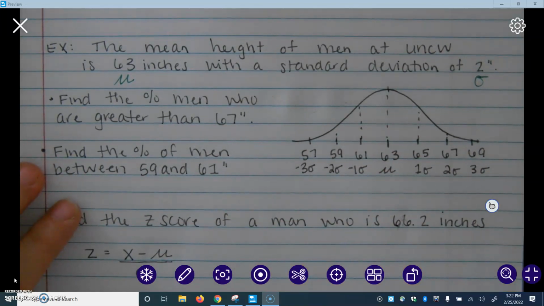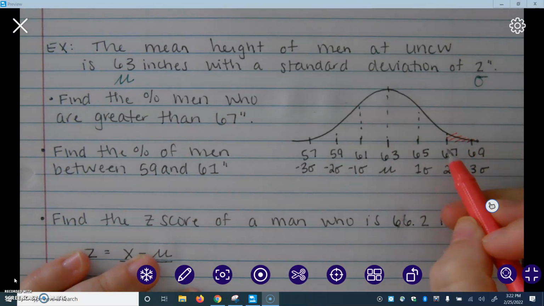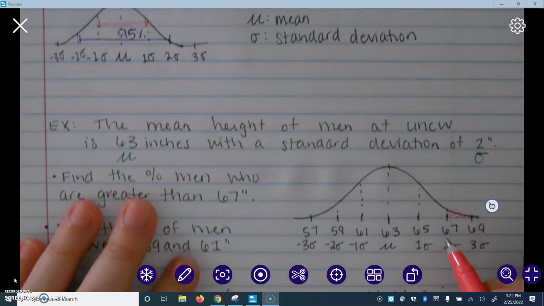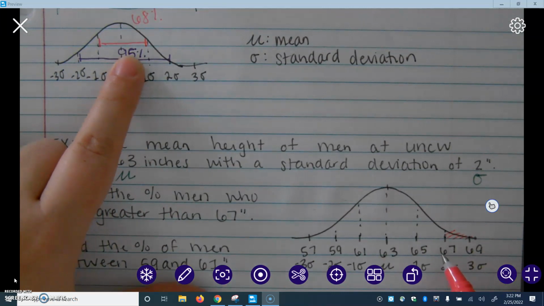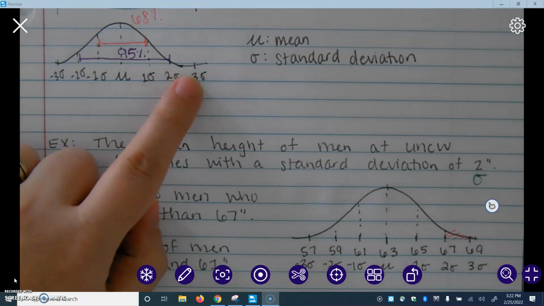All right, find the percent of men who are greater than 67 inches. Well, 67 is one of my standard deviations. So I can use the empirical rule to figure out what this little bit left over would be.